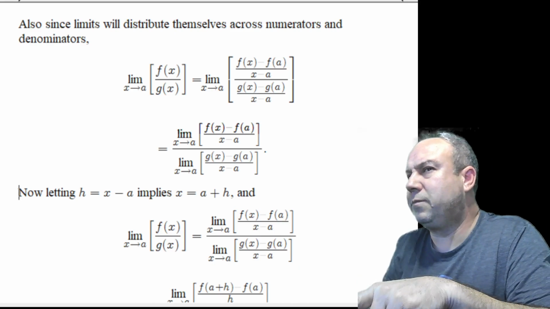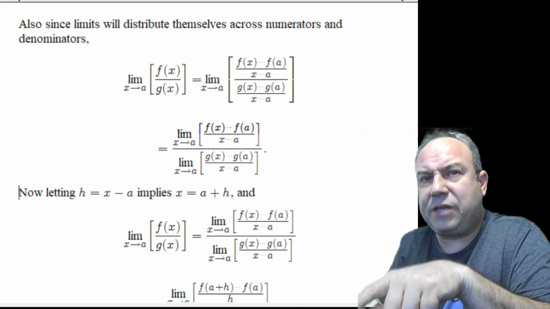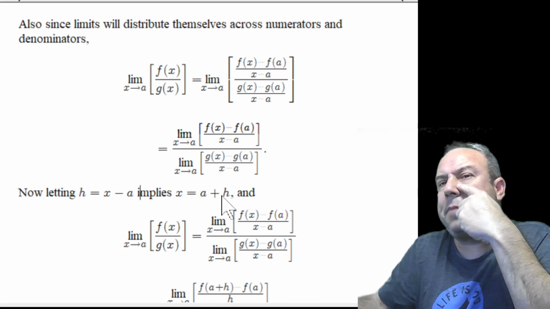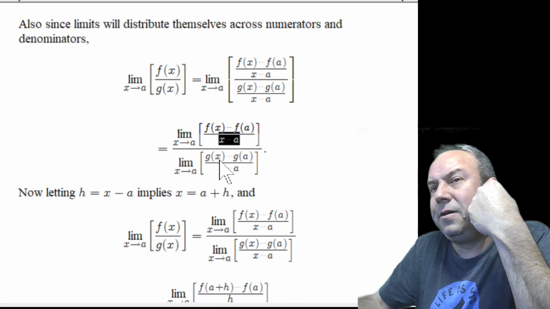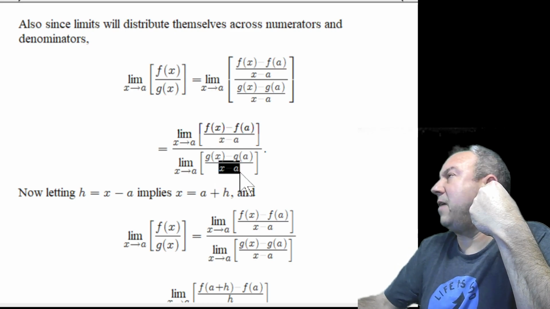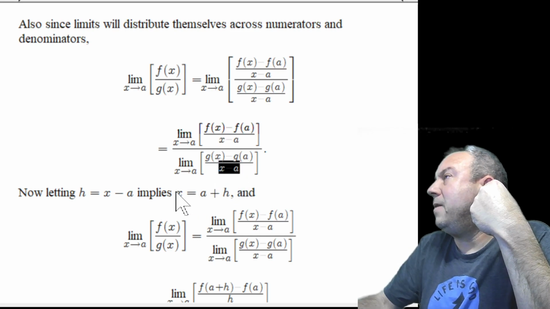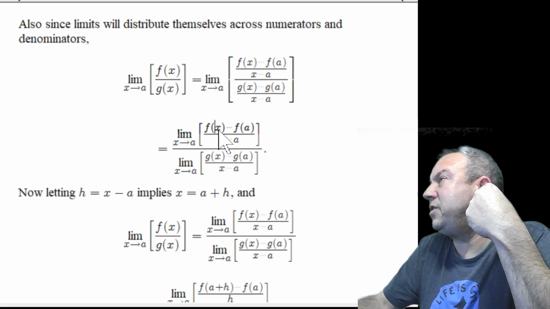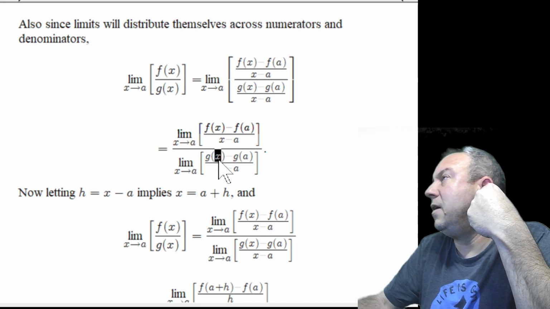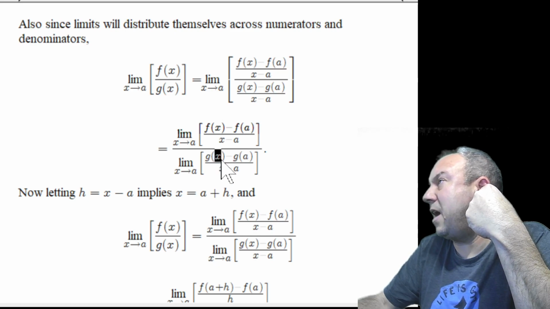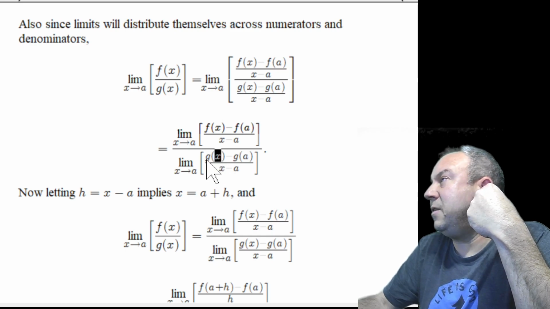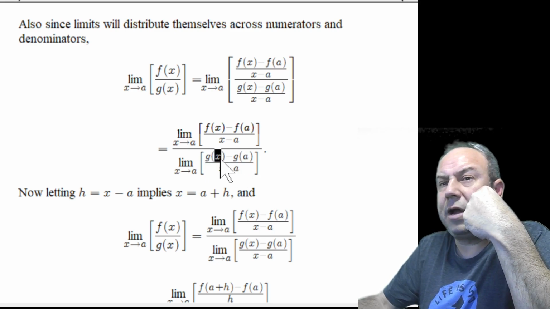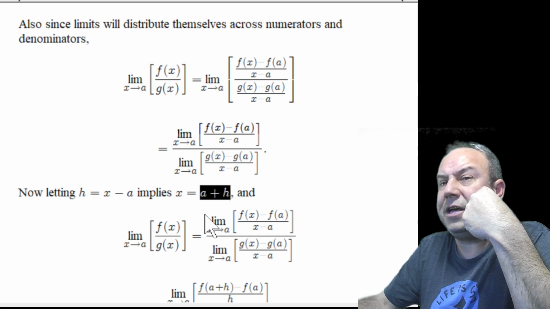derivatives as rates of change, letting h equal the quantity x minus a, this quantity x minus a seen down here in the denominator, that does imply that the x can be rewritten as a plus h, seen here in the numerator of f of x minus f of a, and in the numerator here of g of x minus g of a. We're able to replace that x with a plus h.